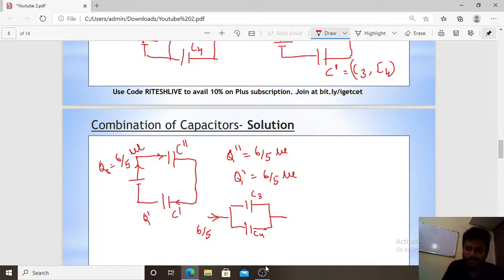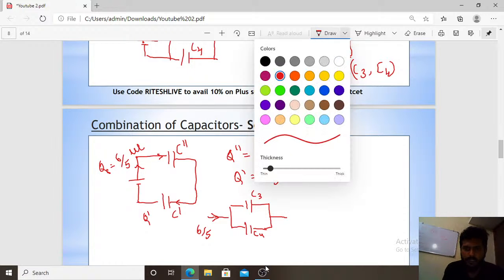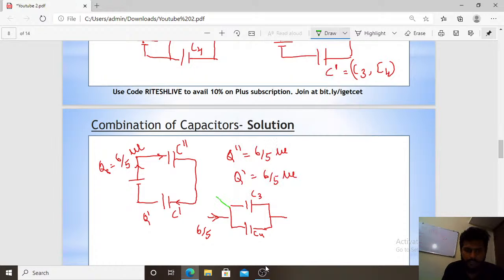Yes, Q is 120. Where 120? I need to take a line voltage here, where V is same. So I need to find V value, that is Q is equal to CV. What is C equivalent of these two?